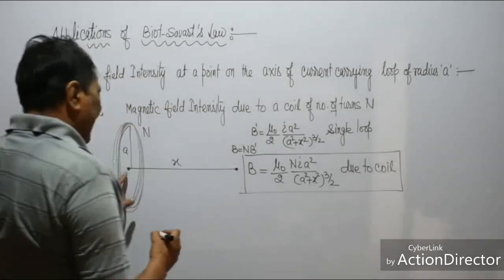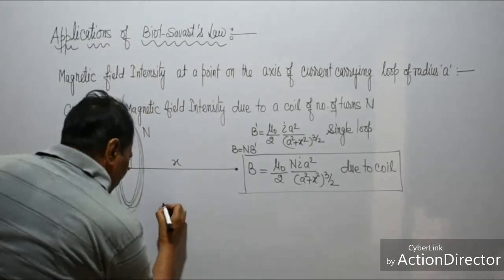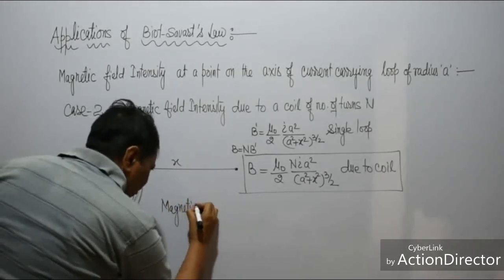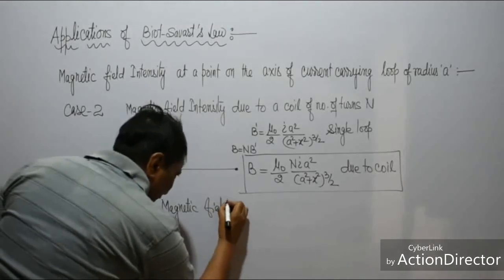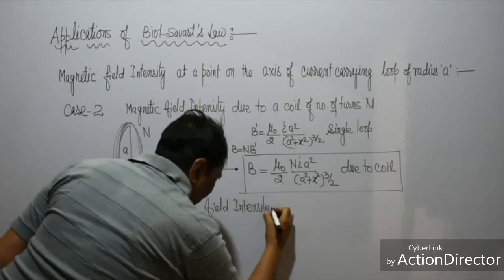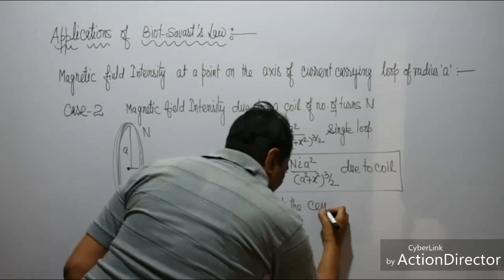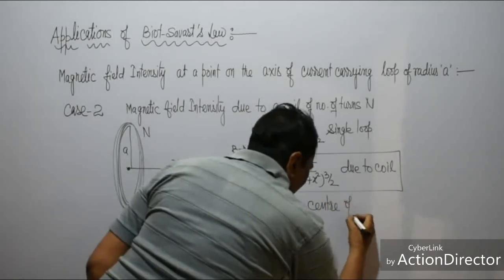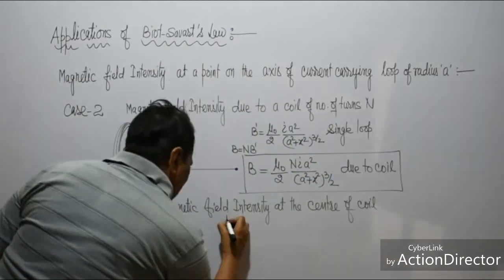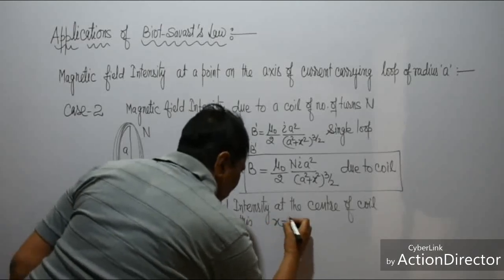In case we take the magnetic field intensity at the center of the coil, what will it be at the center of the coil? For this x equal to 0.